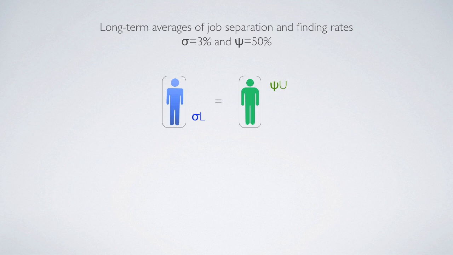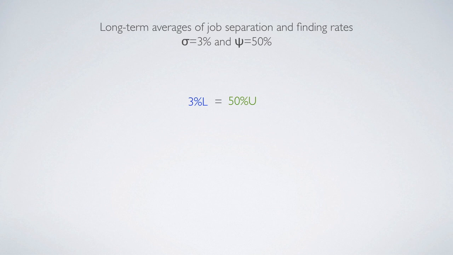Assume that in the economy, the long-term average job separation rate sigma is equal to 3% and the job finding rate phi is equal to 50%. With this equality, we know that 3% of L would be equal to 50% of U when we are in the long-term steady state.